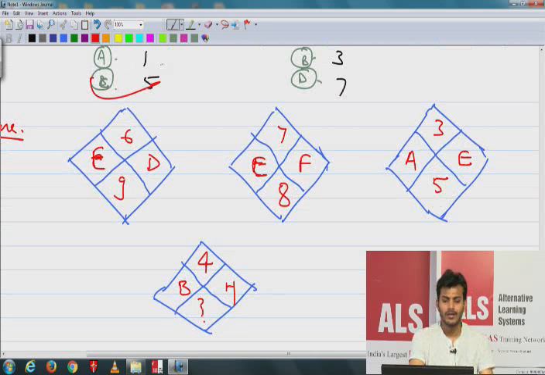Now I think it would be clear to all of you. This is 4B, 4BH, question mark. We have to find out the value of the question mark.